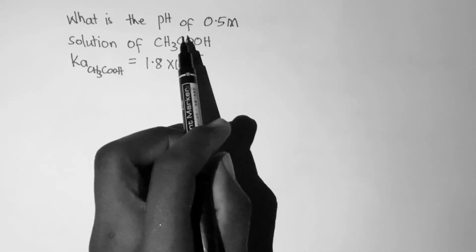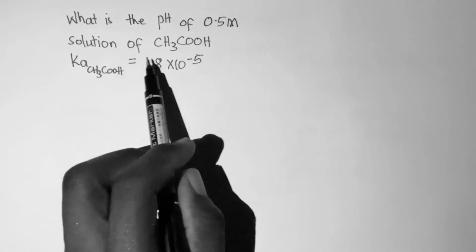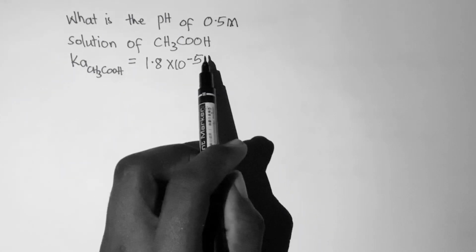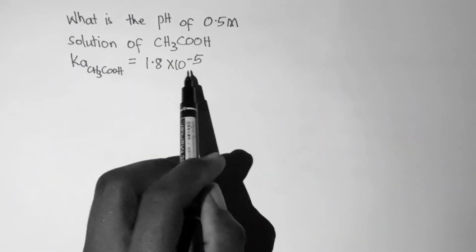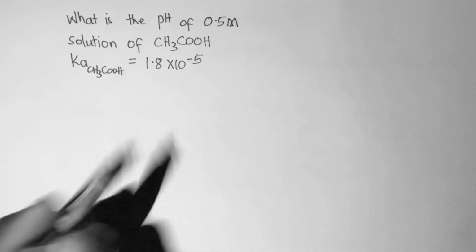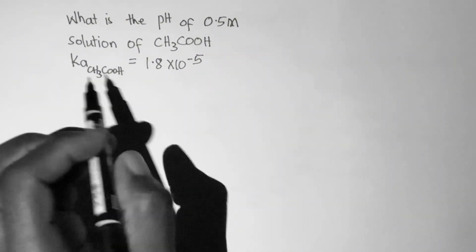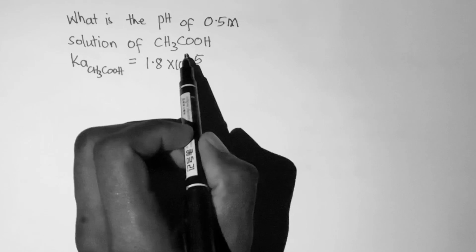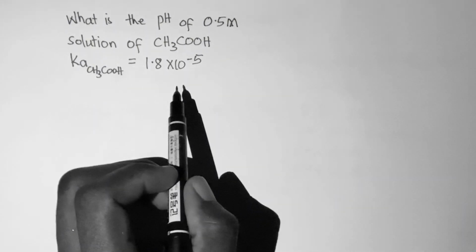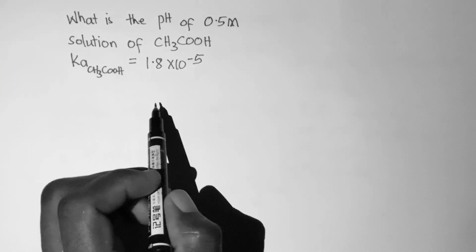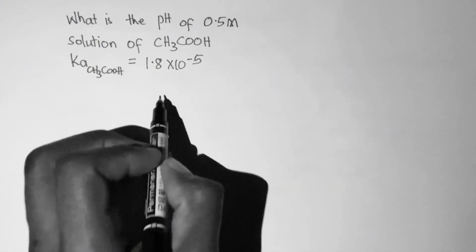What is the pH of 0.5 molar solution of ethanoic acid? Ka of ethanoic acid is 1.8 times 10 exponent minus 5. So let's write it here. We need to first write an equation involving the dissociation of ethanoic acid in water.